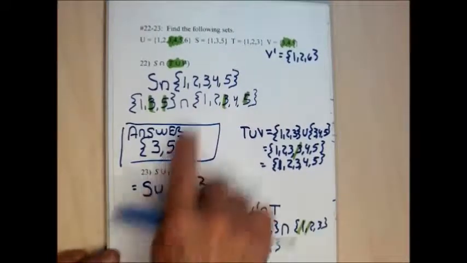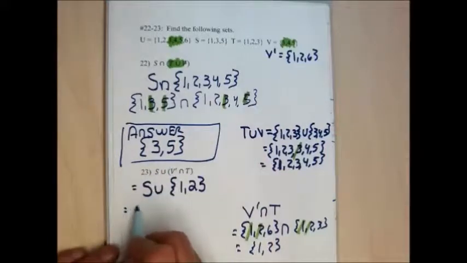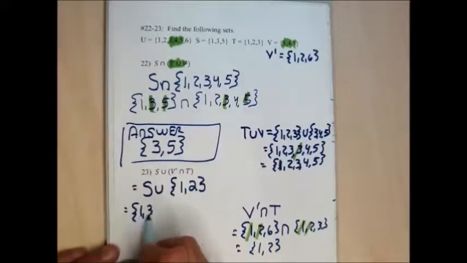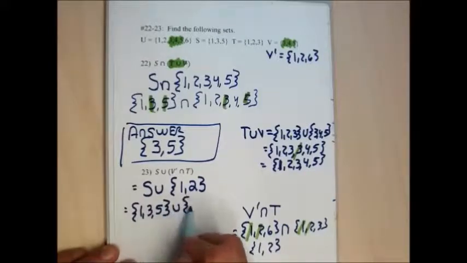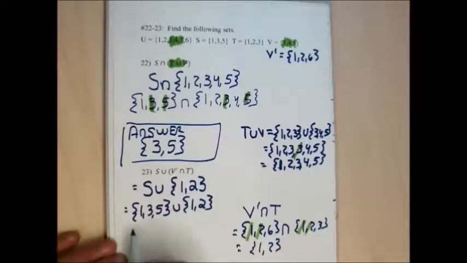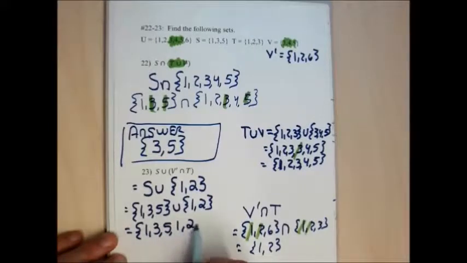Now I'm going to change the S to 1, 3, and 5. I'm going to leave the union symbol between the sets. And now I'm going to union these two sets. To union two sets, I take every element in the first set and every element in the second set, I join them in a big set.